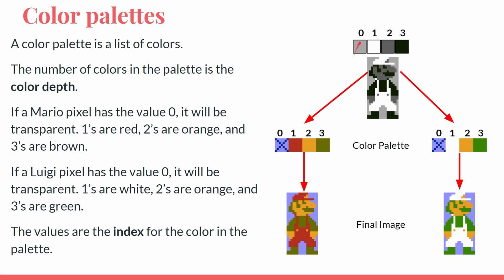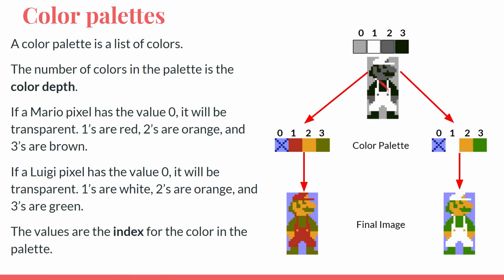For example, a pixel that is numbered 0 is this light gray color in the original data without any color palette applied to it, although I have applied this arbitrary palette just to visualize it. As you can see, 0 corresponds to transparent pixels with both Mario and Luigi, but pixels that have the value 1, for example, become red with Mario, but white with Luigi.